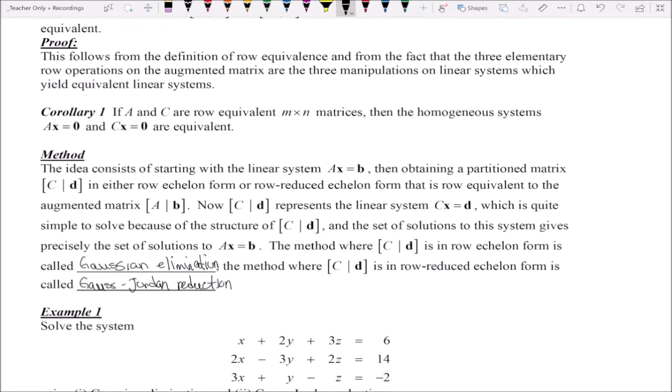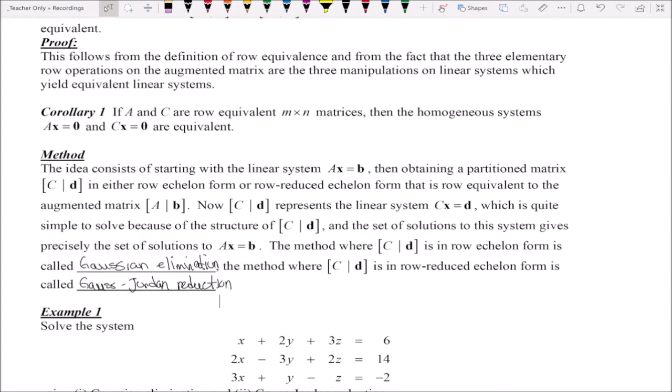It will give you an exact solution for every single unknown. For this reason, the method that will most commonly be used is Gauss-Jordan reduction. And in fact, that is the method that's going to be used in the example.